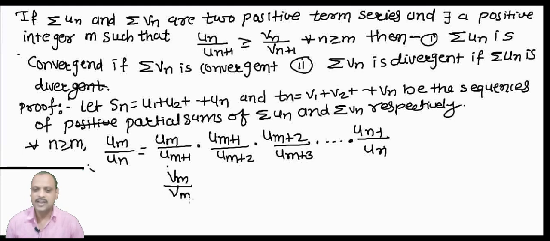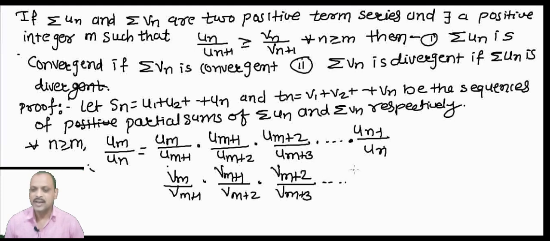This one is greater than Vm plus 1 divided by Vm plus 2. This term is greater than Vm plus 2 divided by Vm plus 3. Likewise, this is greater than Vn minus 1 divided by Vn. So the product of the lower terms is smaller than the product of the upper terms.